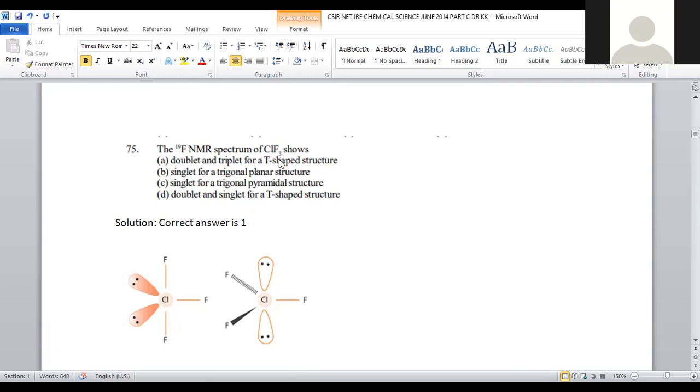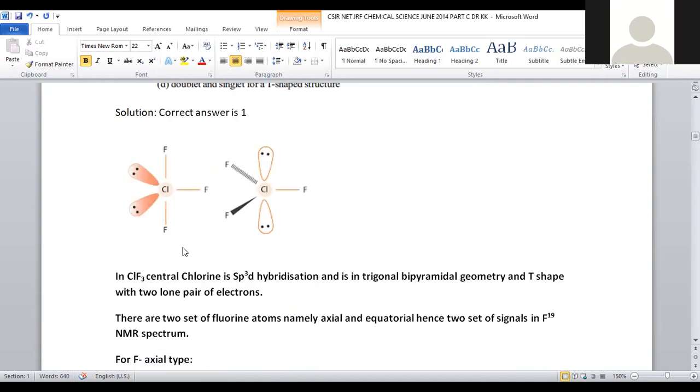So we already know ClF3 is a molecule with sp3d hybridization. Being sp3d, the geometry is trigonal bipyramidal, but there is a possibility of the 2 lone pairs of electrons occupying axial and also equatorial positions.